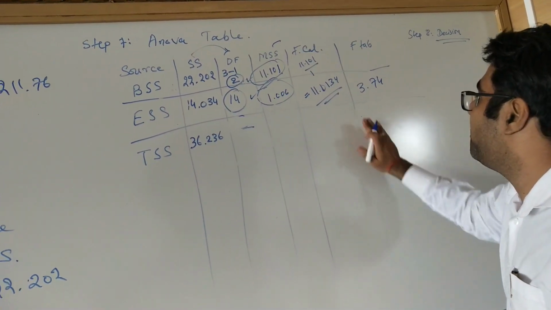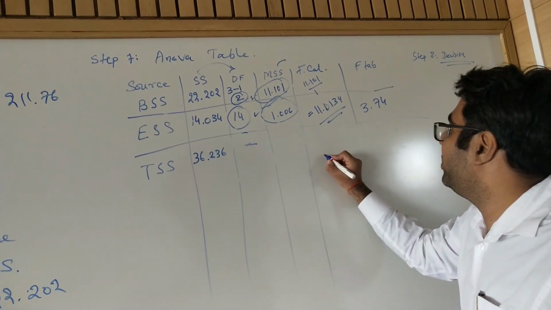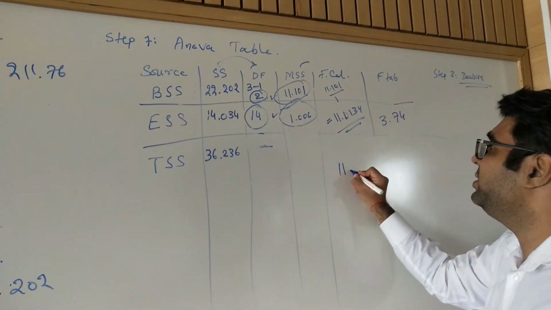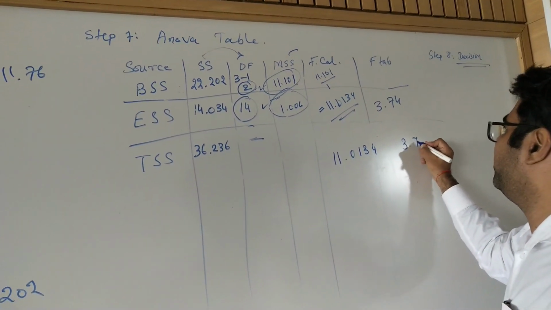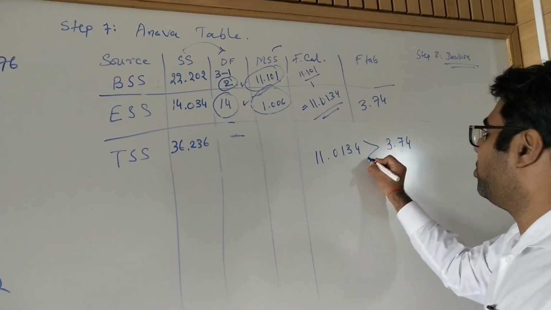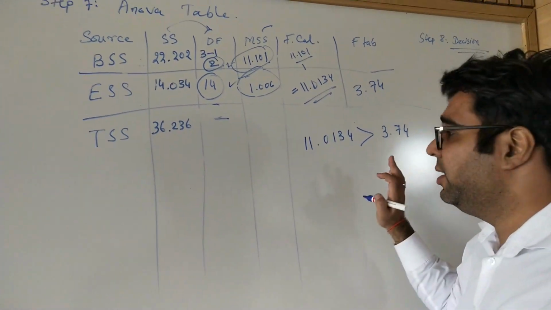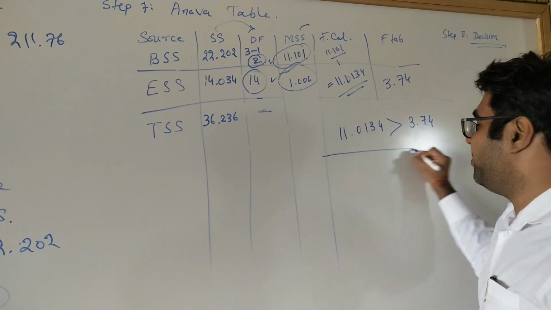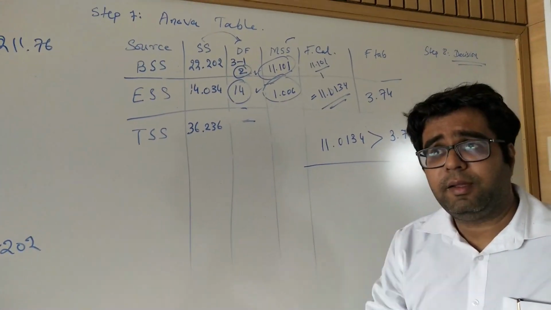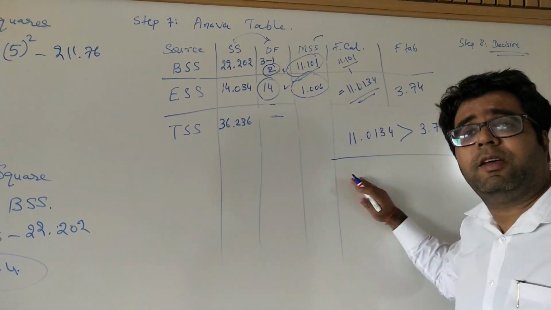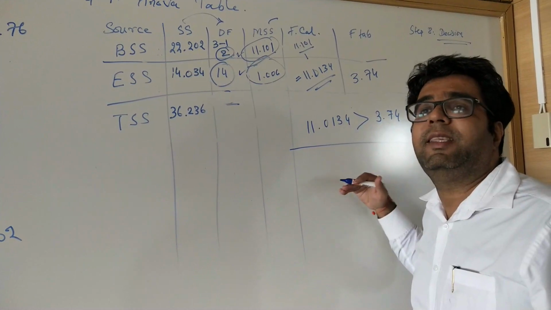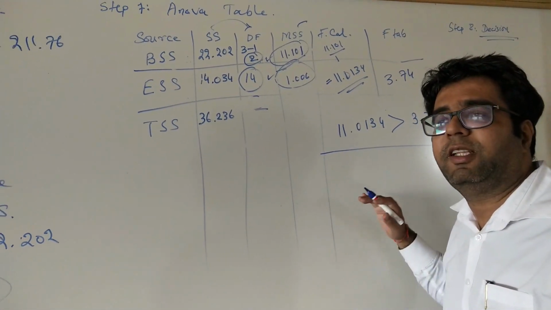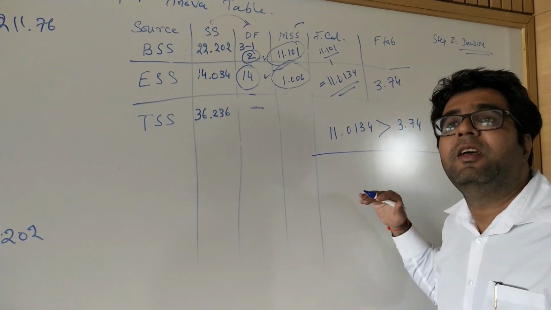Now we need to compare. Our calculated value is 11.034 and our tabulated value is 3.74, so obviously it is greater. Before this step, I would like to guide you on when to reject the null, or when we say we have accepted the null, but in research we cannot say accepted null, we say fail to reject the null.